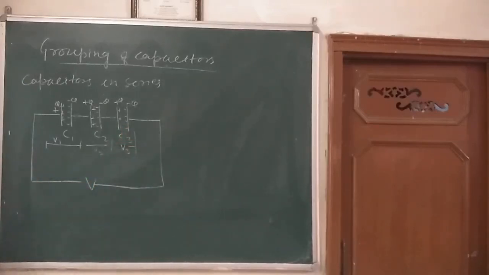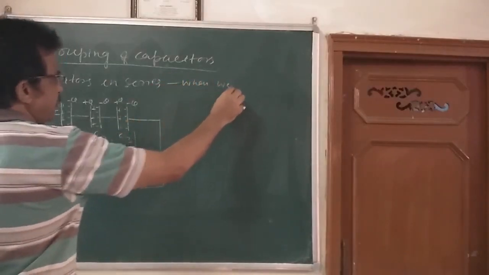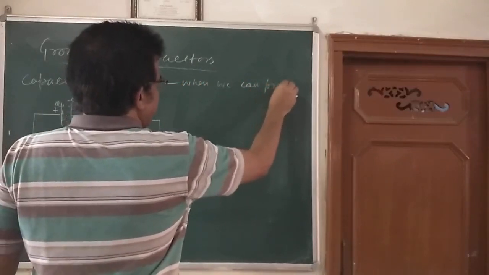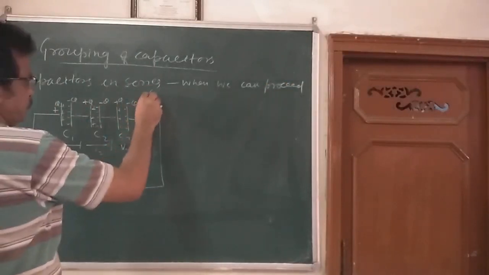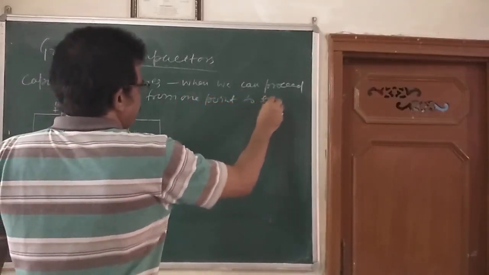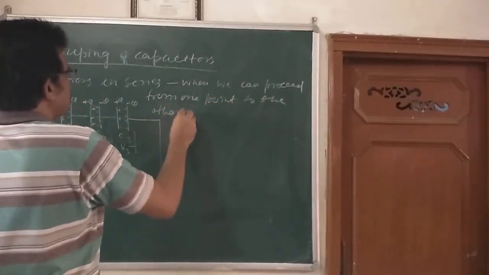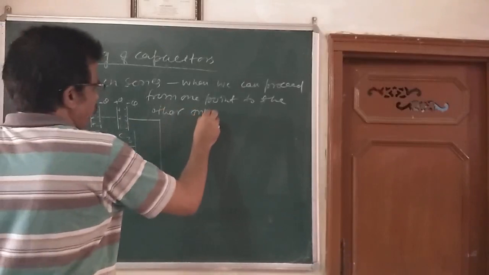First I want to explain what we mean by series combination. Capacitors are said to be connected in series between two points when we can proceed from one point to the other only through one path.